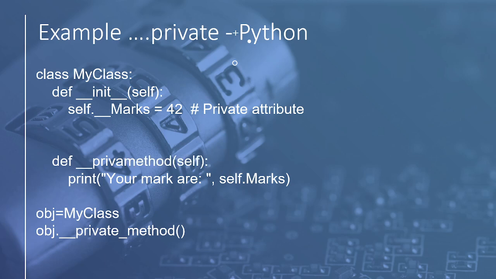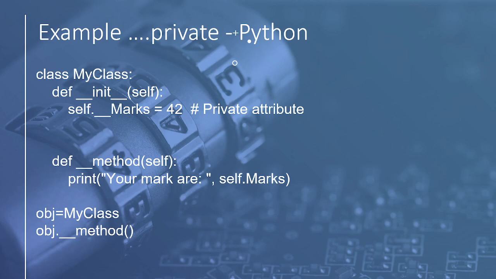I have to remove it from here also. Double underscore is there, so we'll be having the double underscore. And I said it is not a single one. It is a double underscore.